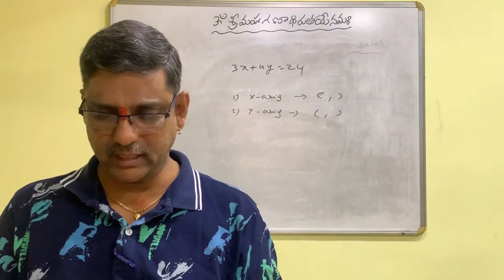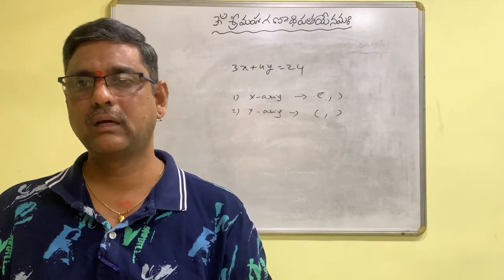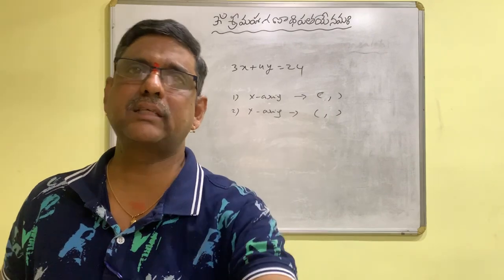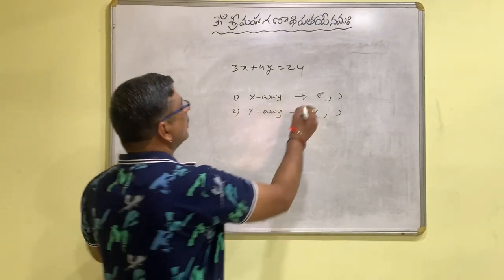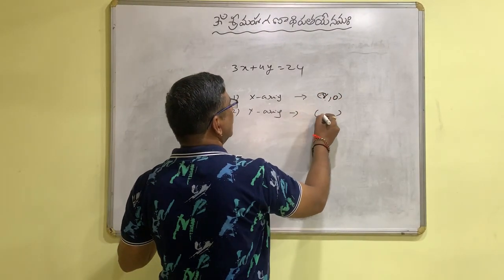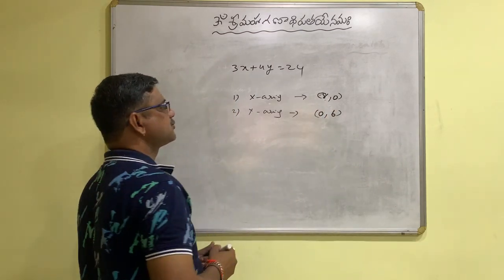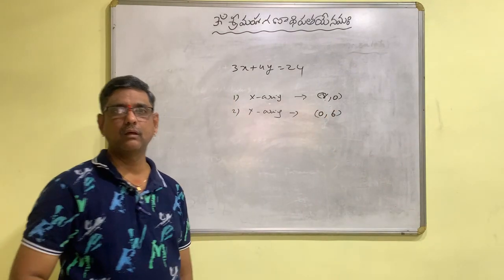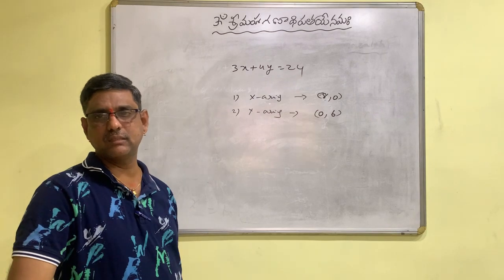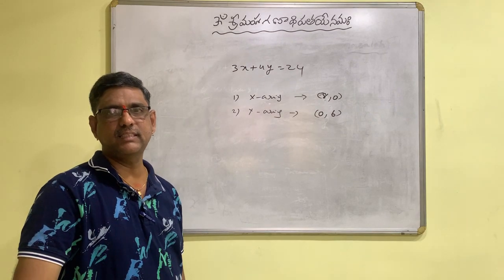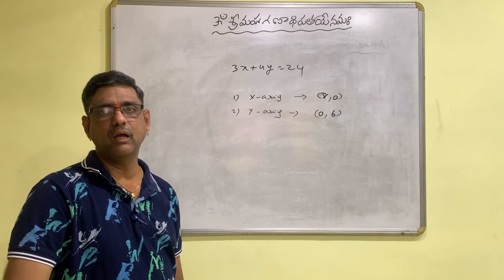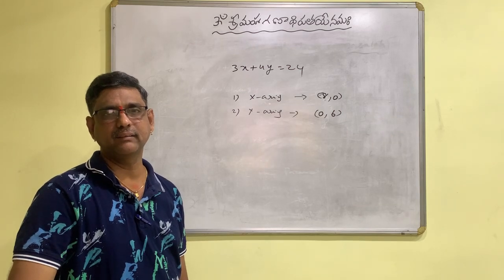The line intersects the x-axis at 8 comma 0 and the y-axis at 0 comma 6. It intersects the x-axis at 8 comma 0 and the y-axis at 0 comma y.